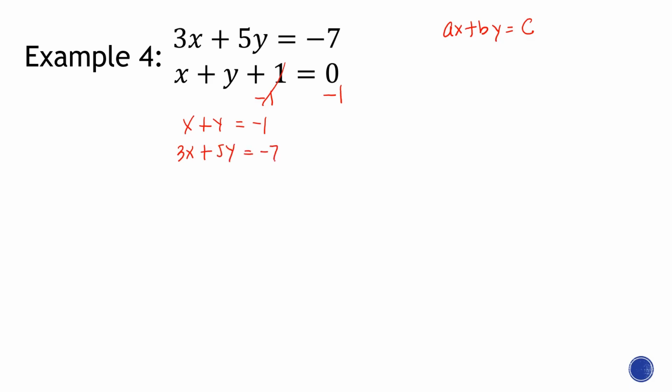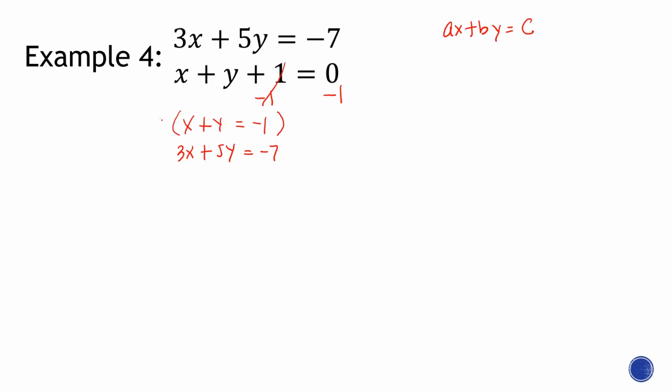Okay. So we want terms here, either the x terms or the y terms, to have the same numerical coefficient, right? But here, obviously, they don't have that. So what I will do is, you can decide if you want to make that x equal to 3x, or to make that y equal to 5y. So my choice is the 3 because it's lesser than 5.